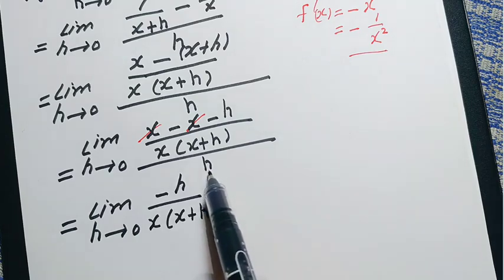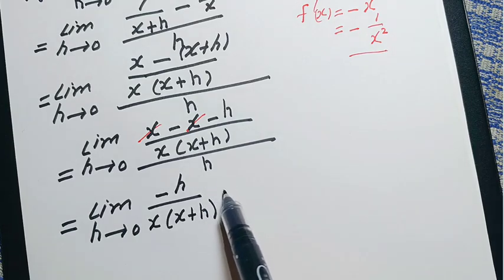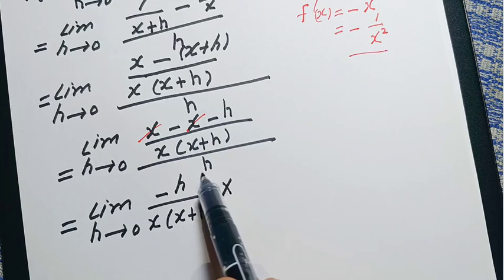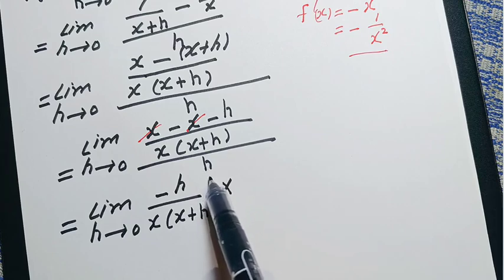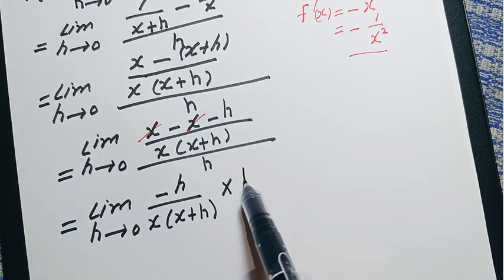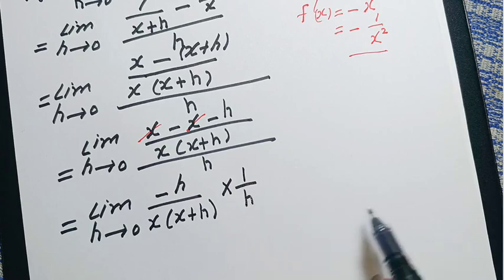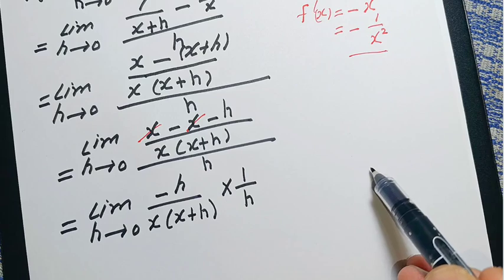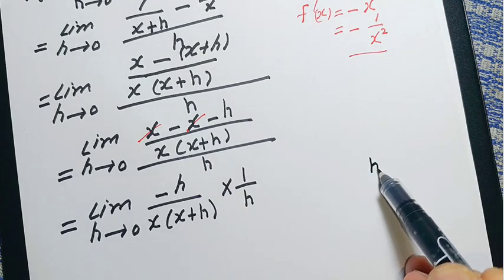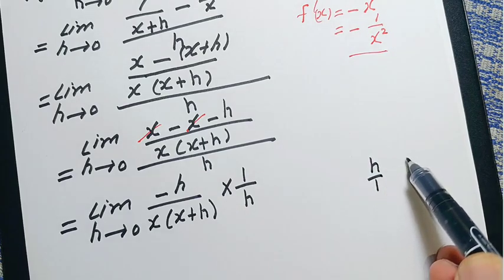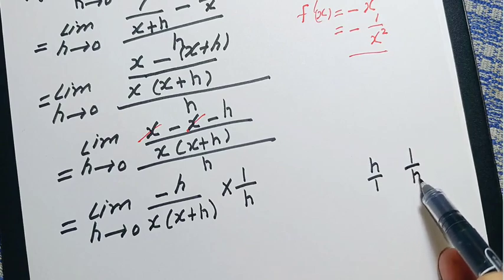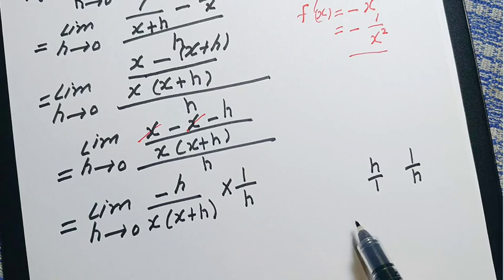Now this is a denominator, so I'm going to invert, so division becomes multiplication. But remember, under is 1 here, h over 1. So if I invert, it becomes 1 over h. Remember I told you, if you have h over 1, when you invert it becomes 1 over h, because now it's in multiplication form.